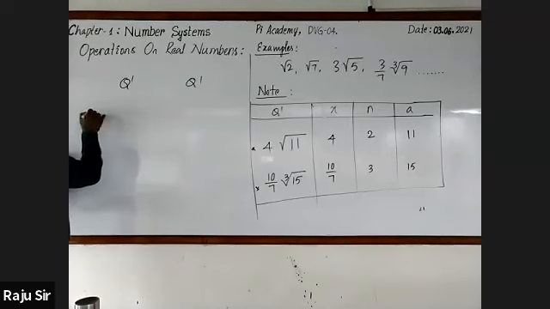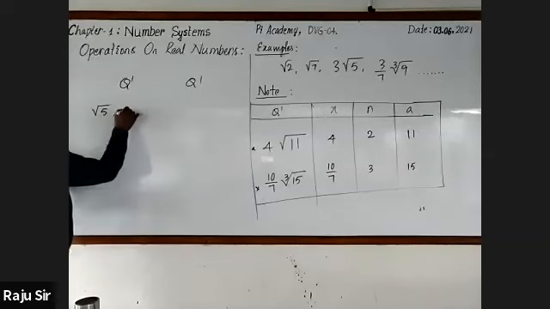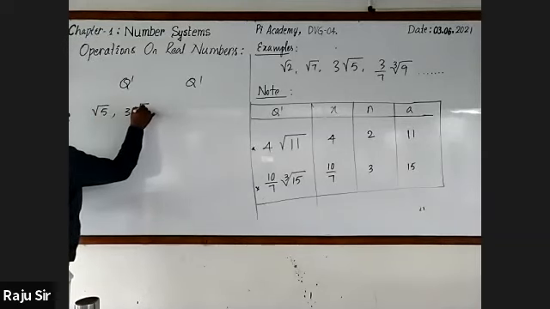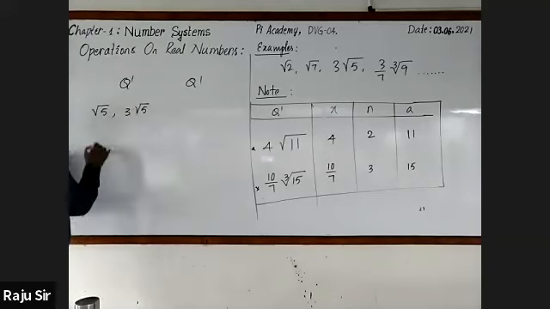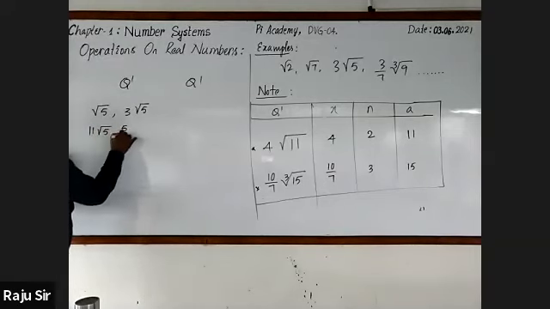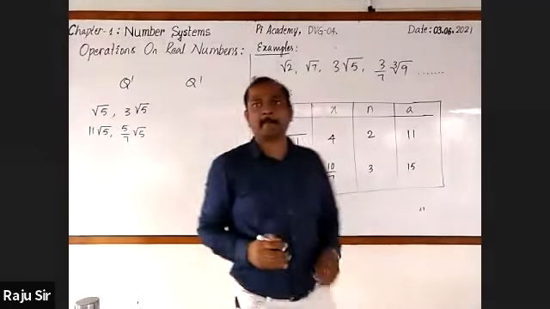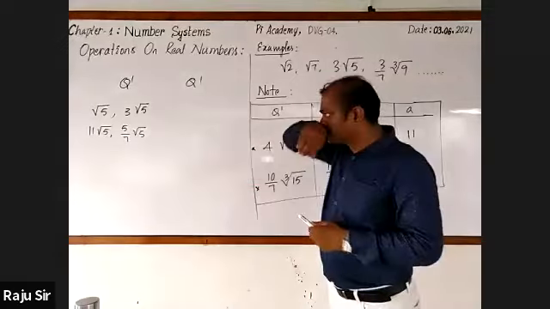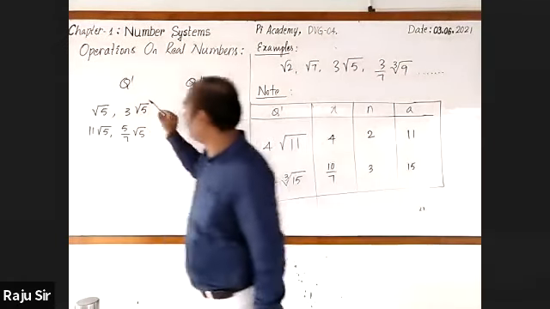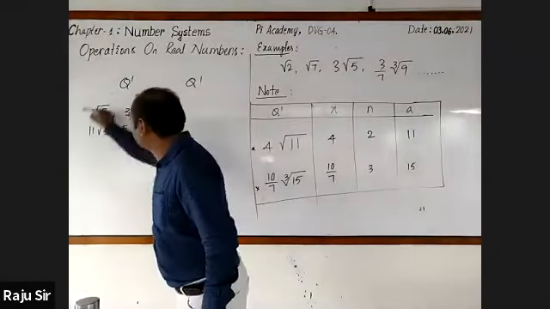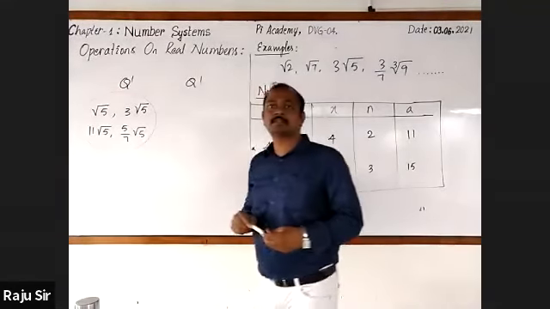This is square root of 5. 3 into square root of 5. 11 into square root of 5. 5 by 7 into square root of 5. Dear students, could you identify the similarity among these examples?